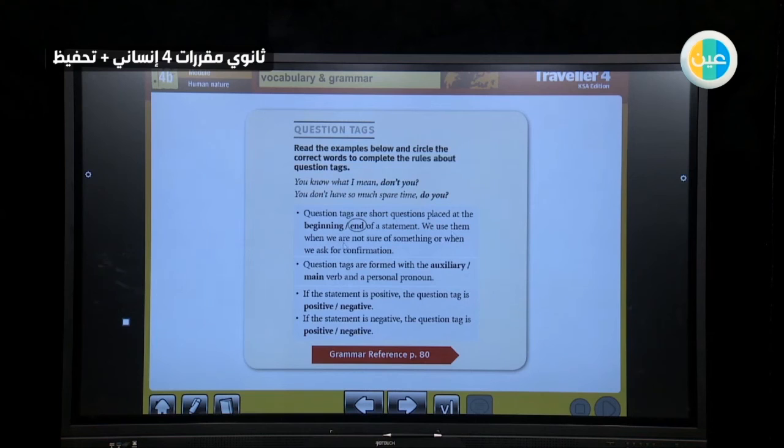We use them when we are not sure of something or when we ask for confirmation, to ask sometimes for someone's opinion. Question tags are formed with an auxiliary verb and a personal pronoun. If the statement is positive, the question tag is negative. If the statement is negative, the question tag would be positive.